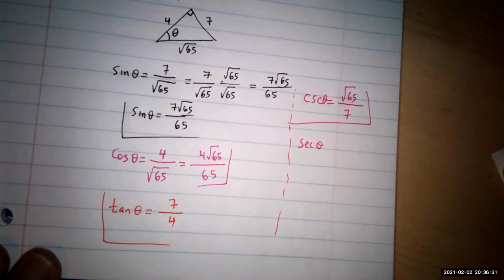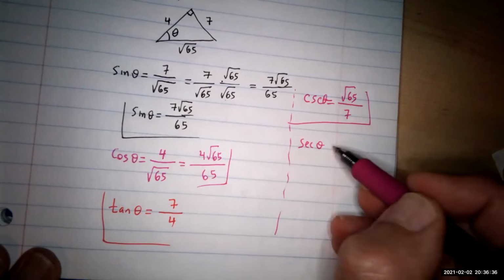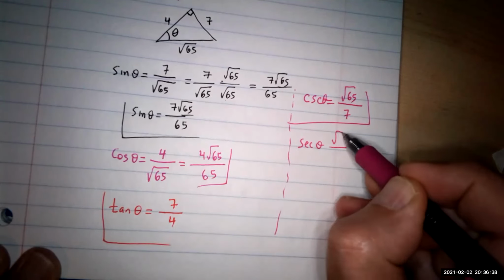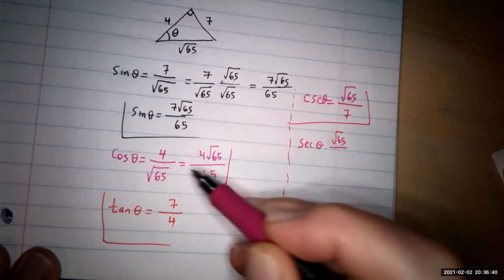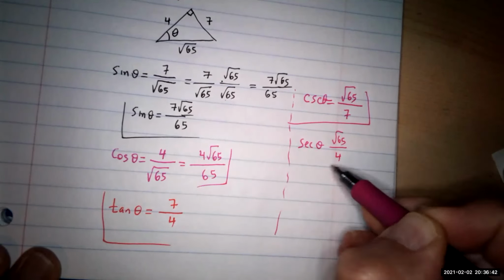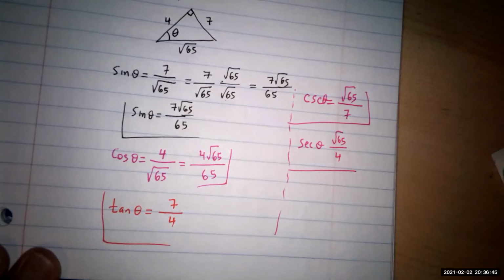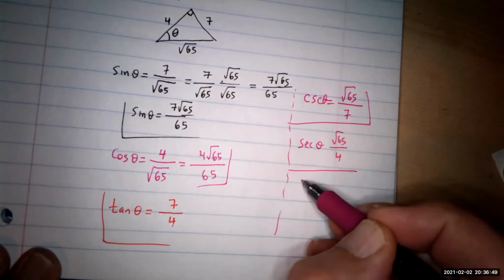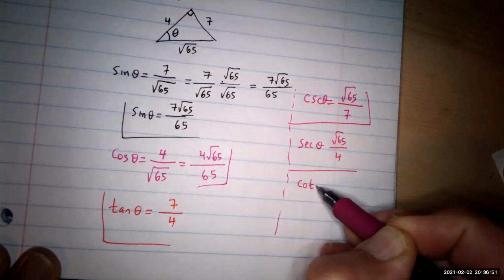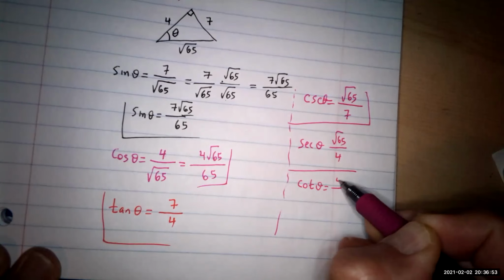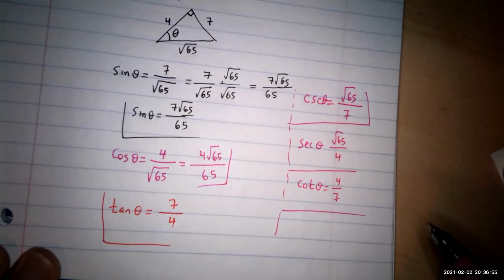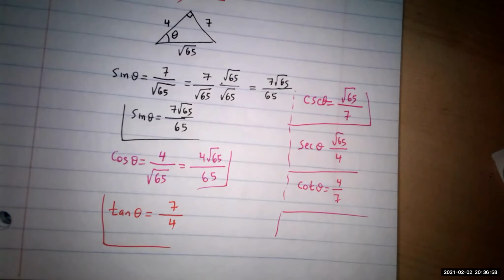Okay, secant of theta is going to be the reciprocal of the cosine, which is going to be radical 65 over 4. So that would be the secant, and the cotangent is clearly the reciprocal of this one. So that gives you cotangent of theta, which is equal to 4 over 7. And with that, you see, it's nicely done to get those numbers.